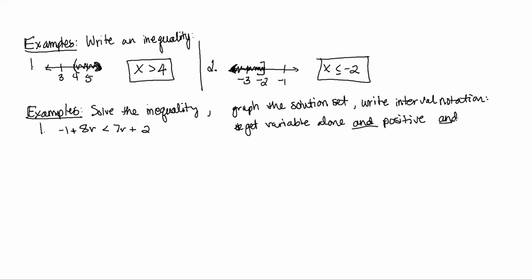And this one's optional because you can switch it around. But I'm going to throw in that it should be on the left side, just because it's going to make graphing it a lot easier. So let's go ahead and get the variables on the left first.